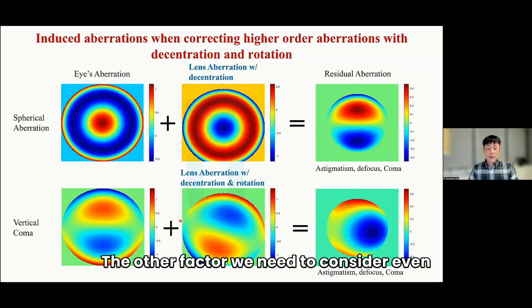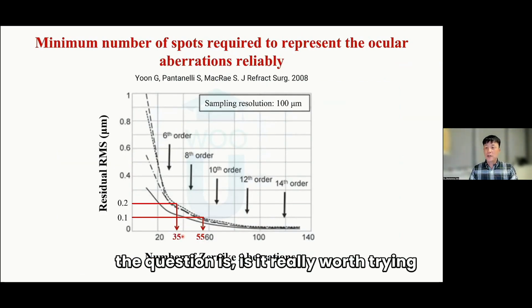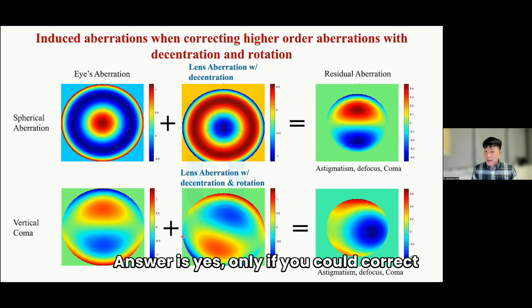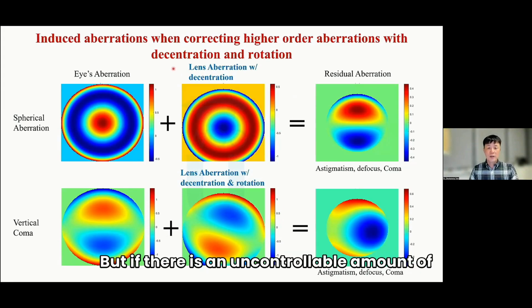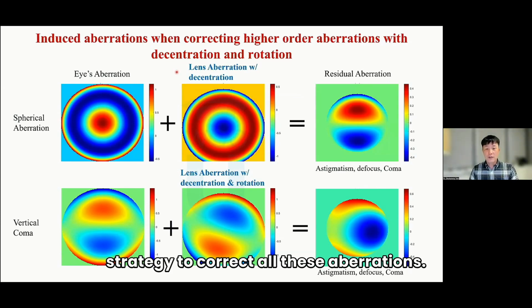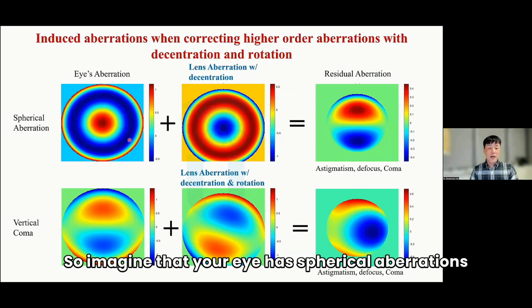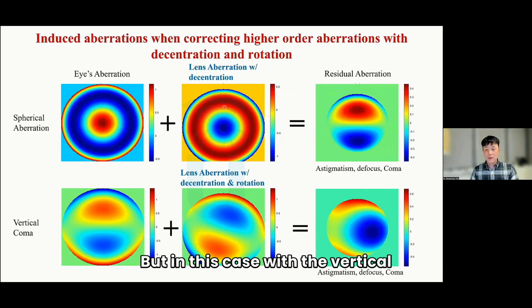The other factor we need to consider is, even if you can measure many, many Zernike coefficients, is it really worth trying to correct all those aberrations? The answer is yes, only if you could control the decentration and rotation of your correcting lens. But if there is an uncontrollable amount of decentration and rotation, it may not be the best strategy to correct all these aberrations. This diagram illustrates that. Imagine that your eye has spherical aberration, and your lens has the opposite sign of aberration, but in this case with vertical decentration.